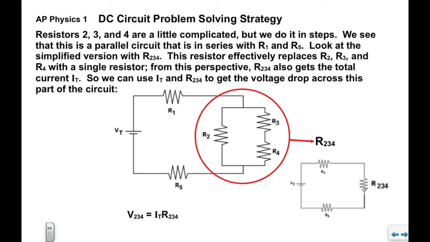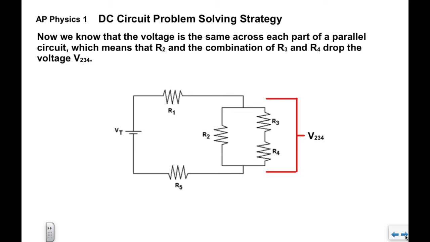We can use that total current and its equivalent resistance R234 to get the voltage drop across this part of the circuit. So the voltage for 2, 3, and 4 equals the total current times R2,3,4.